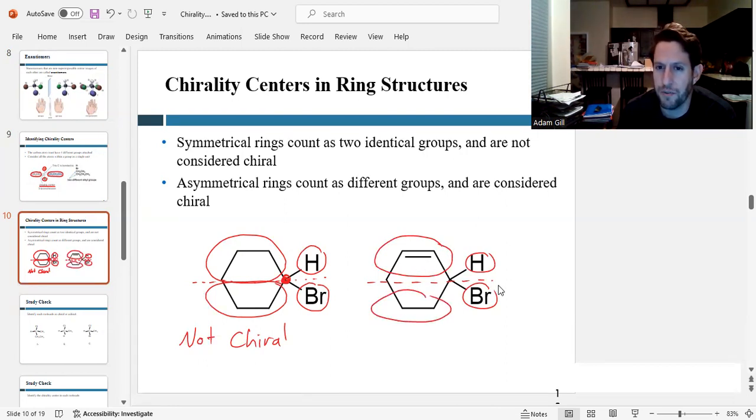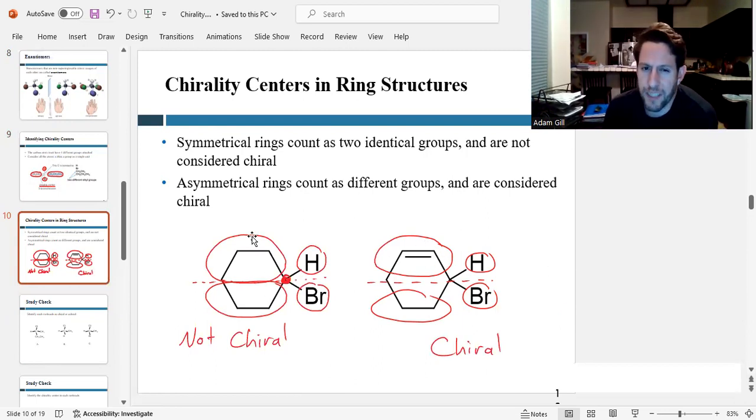And so these 2 groups are different, and so this is chiral. So once again, if the ring is symmetrical, it's not chiral. But if the ring is not symmetrical, then it is chiral because this counts as 4 unique groups. Whereas on the left side, these 2 groups are the same.